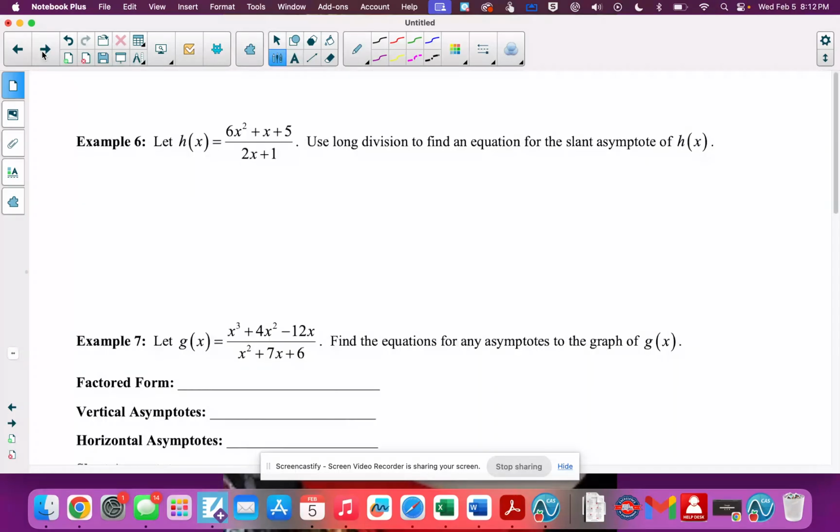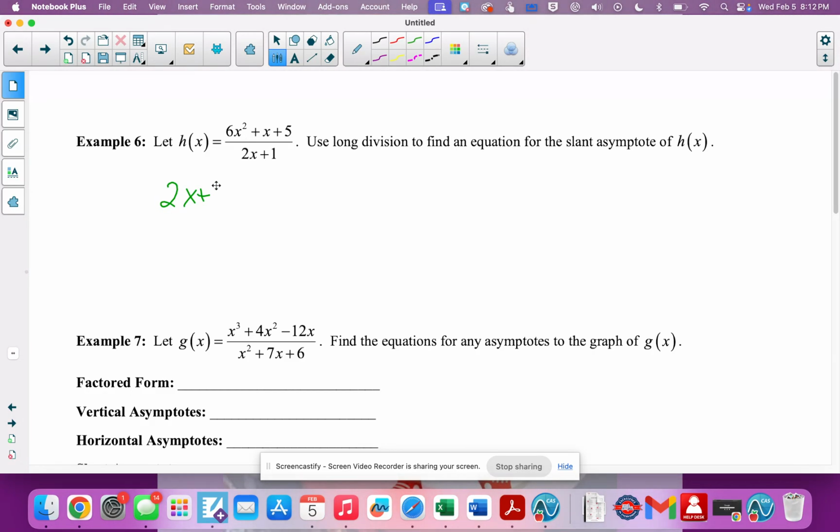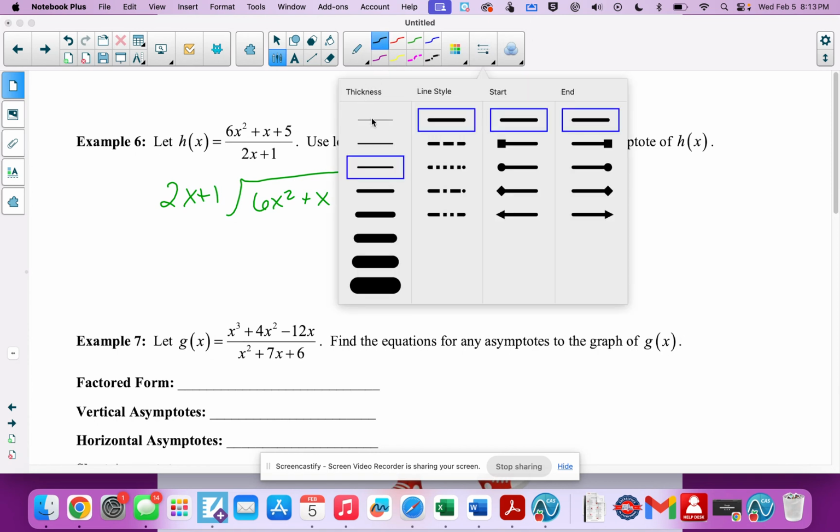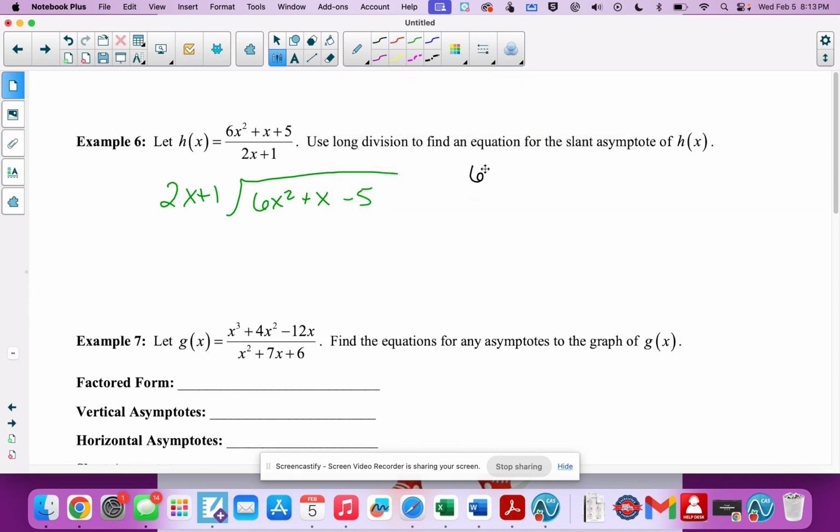Okay, almost done with this section. So let's try a couple more. We're going to actually go through and get all these pieces now. All right, so 2x plus 1 into 6x squared plus x minus 5. Okay, so 6x squared, first term divided by first term 2x gives me 3x.